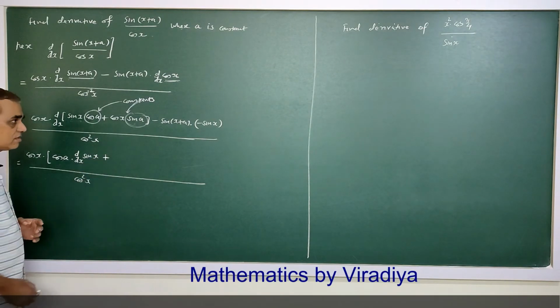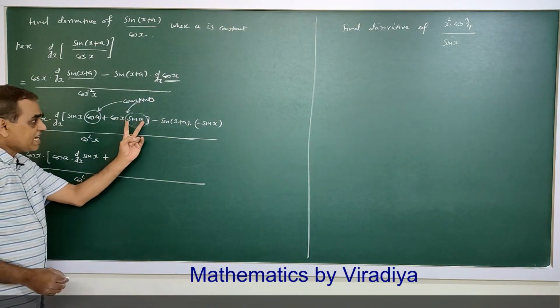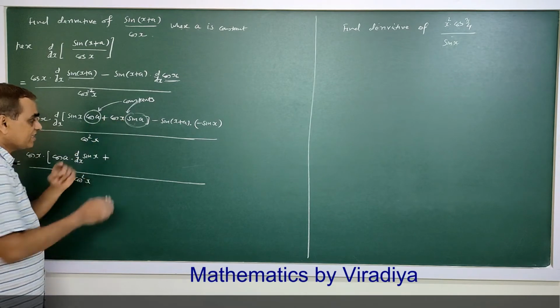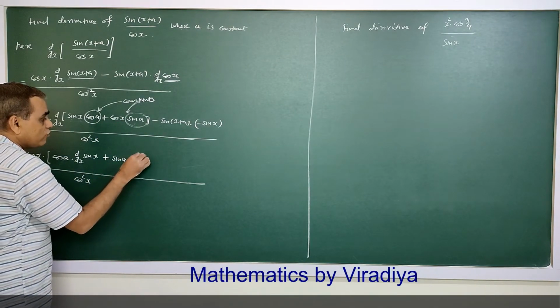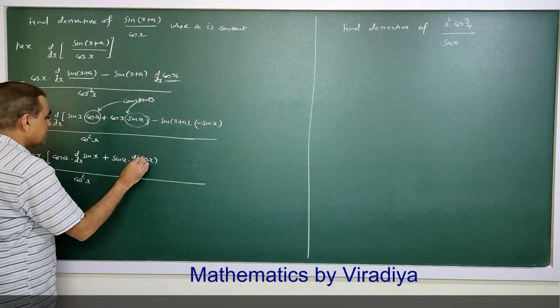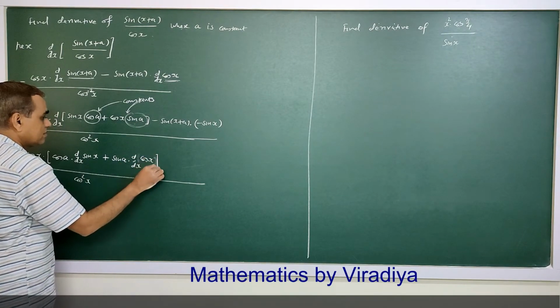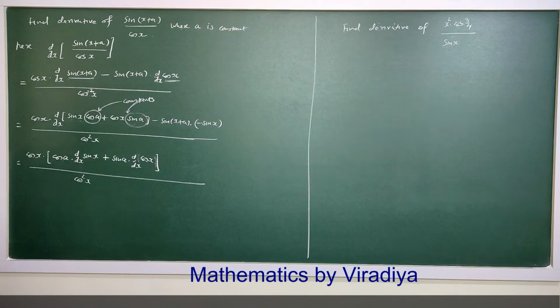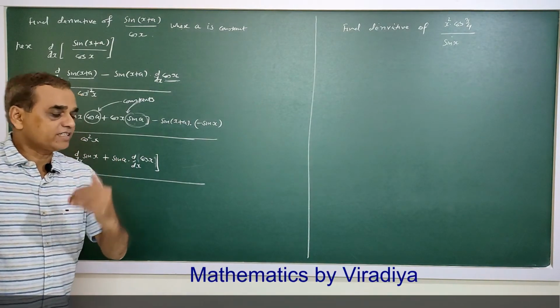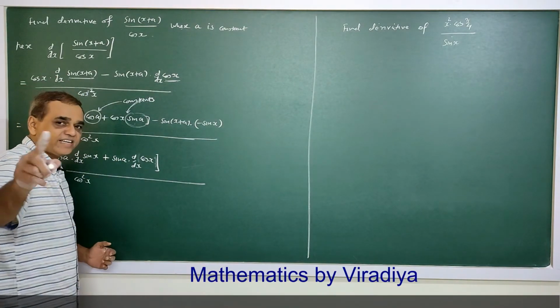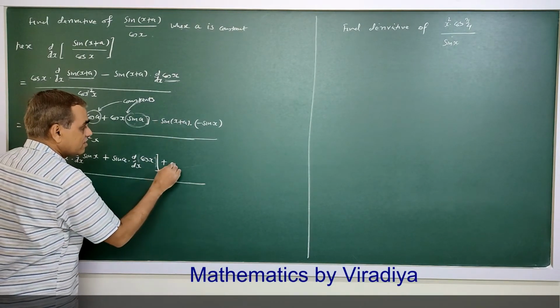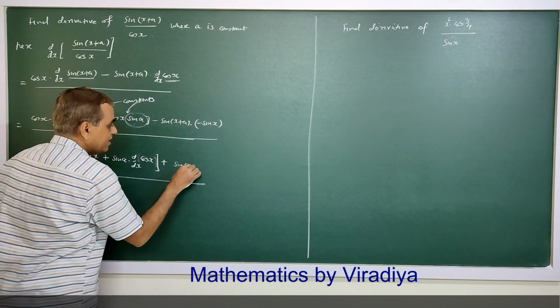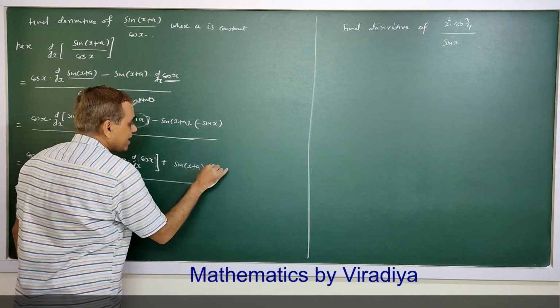Derivative of k into fx is k into derivative of fx. Constant k we take outside if it is connected in multiplication. This is minus minus plus sine of x plus a into sine x.